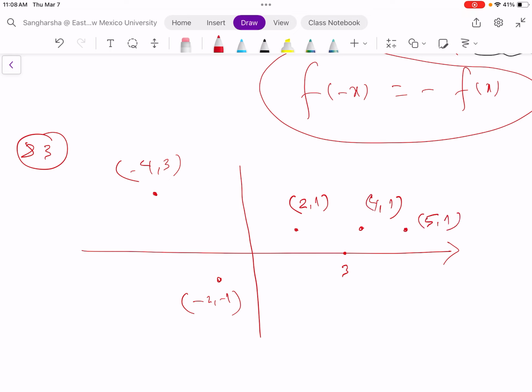So we have a straight line, then a straight line joining the next point, then a parabola, then a straight line here. This is the graph given to us.